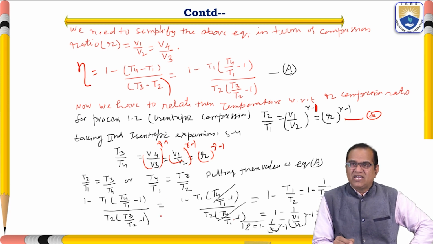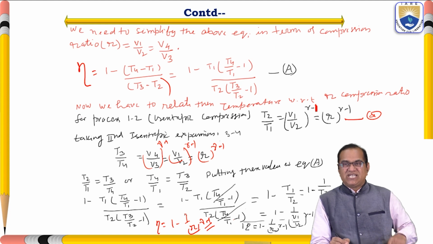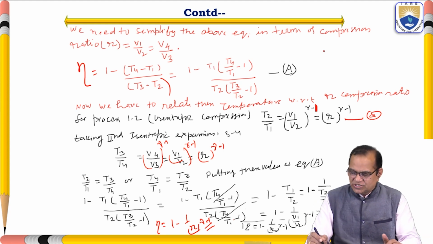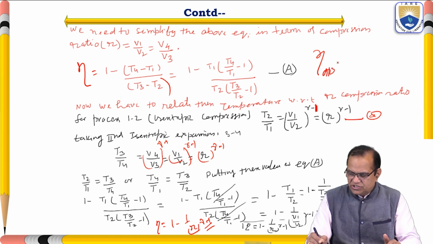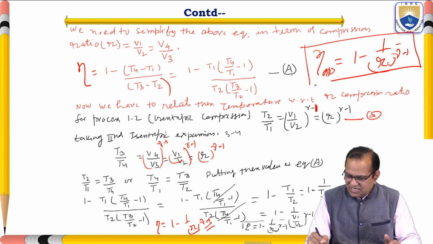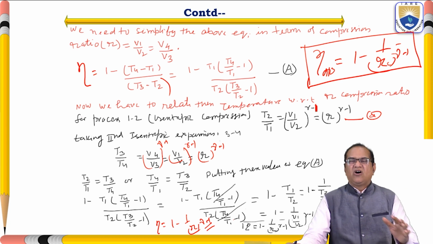So we got the efficiency eta is equal to 1 minus 1 by R to the power gamma minus 1. This is the efficiency equation for the Otto cycle: the efficiency of the Otto cycle is equal to 1 minus 1 by Rc to the power gamma minus 1. This is the equation for finding the efficiency of the Otto cycle.